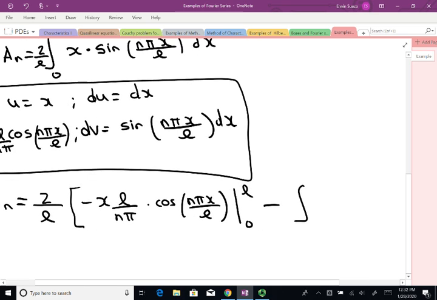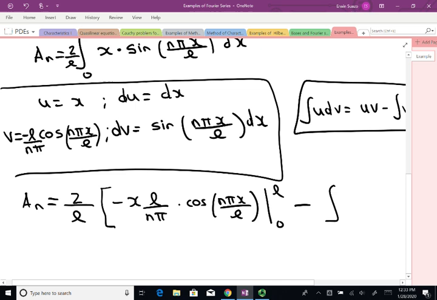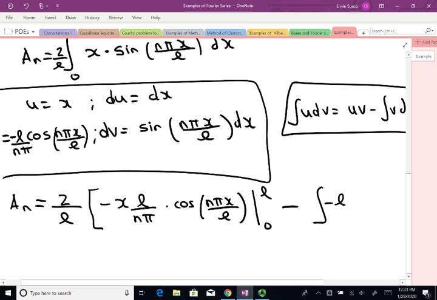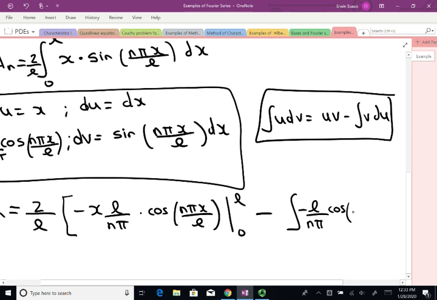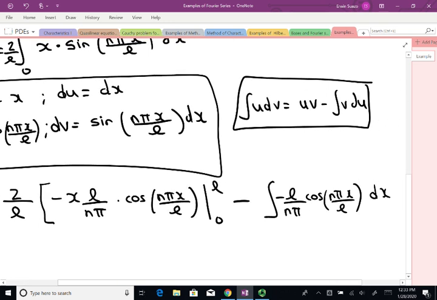Remember integration by parts: the integral of u dv is u times v minus the integral of v du. That's what I'm using right here. So this is u times v, minus the integral of v du, so that one is minus L over n pi cosine n pi x over L, and du will be dx.